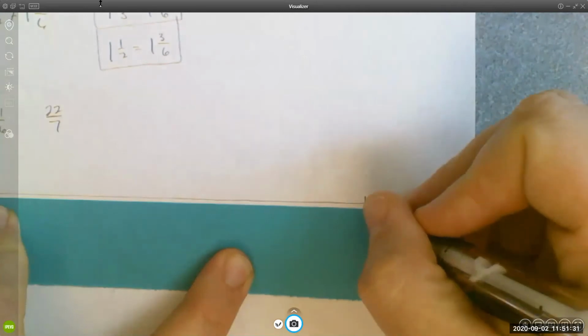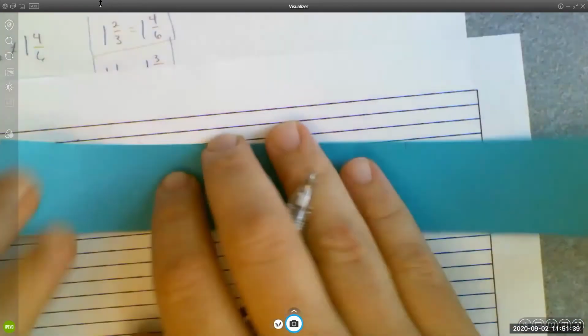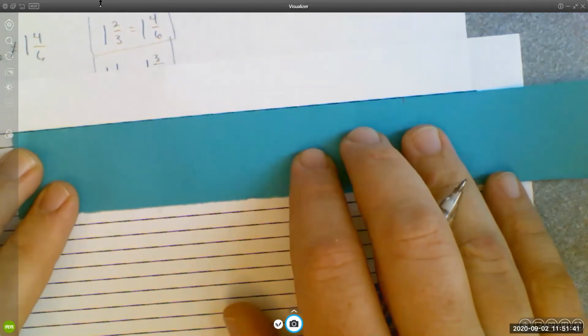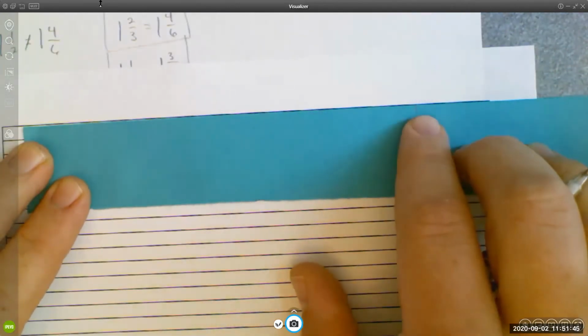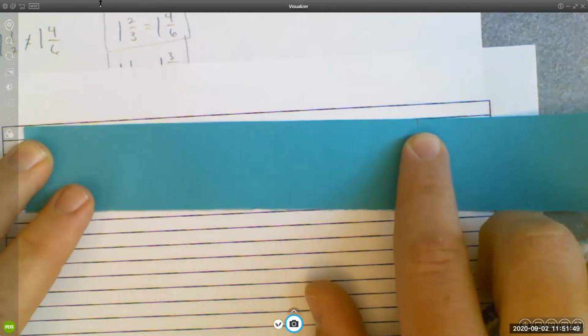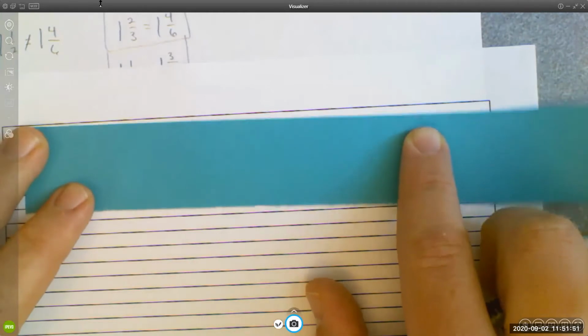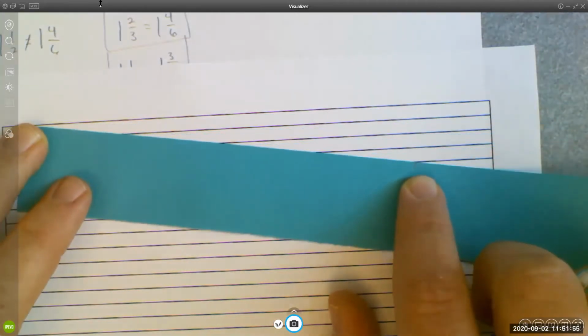I'm going to mark where 4 is, and then grab a piece of lined paper like this, line it up along the top line, and drag this mark down 4 spaces so that I split the distance into 4 parts. So there's 1, 2, 3, and 4.